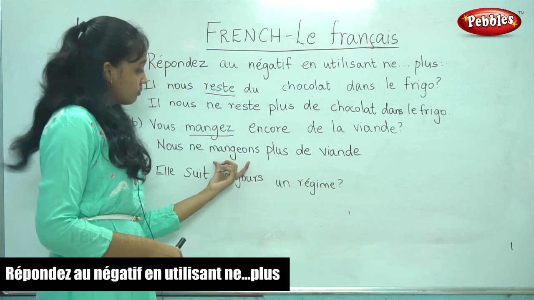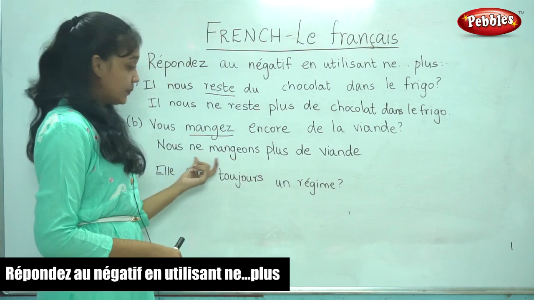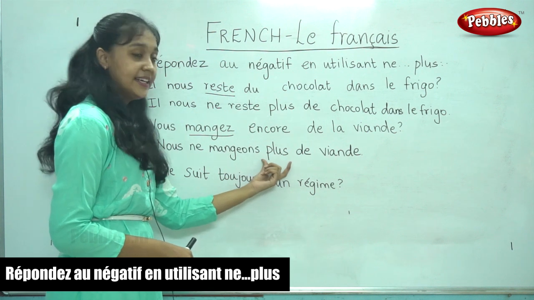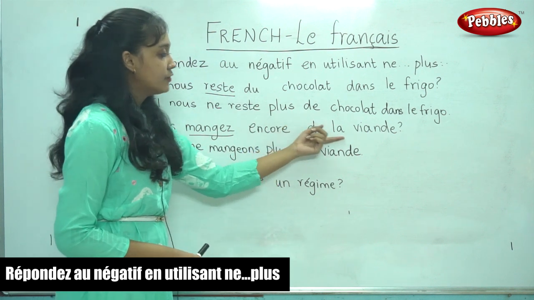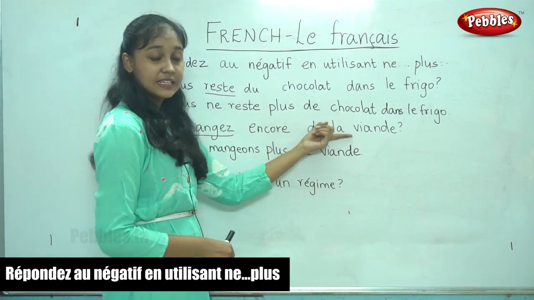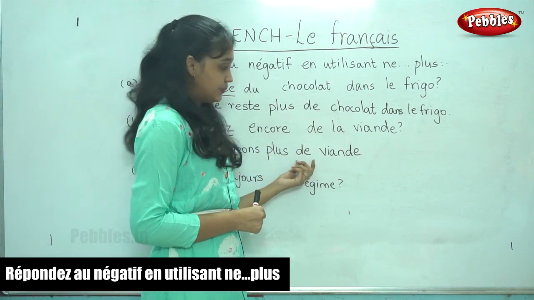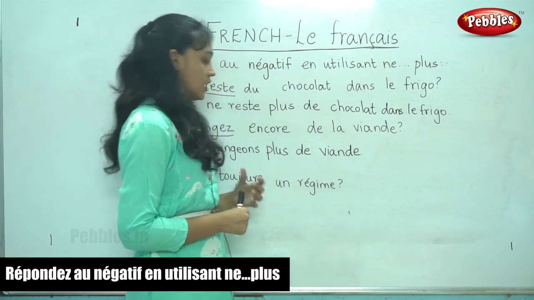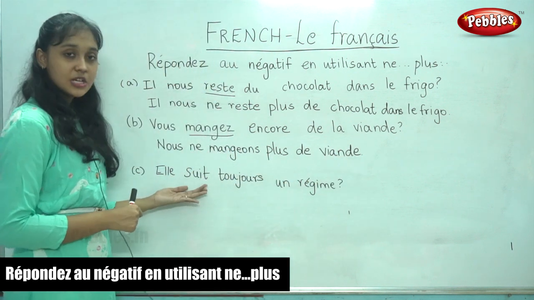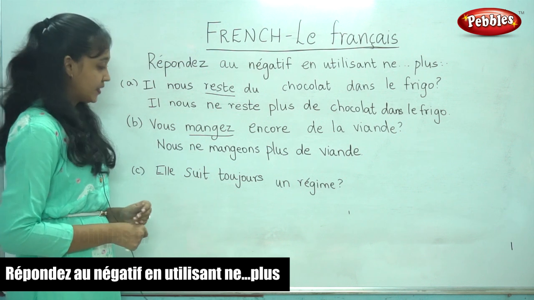So before the verb we write ne and after the verb we write plus. And if there are any partitive articles or indefinite articles, it becomes de. So is it clear? Now shall we try to do the last sentence?